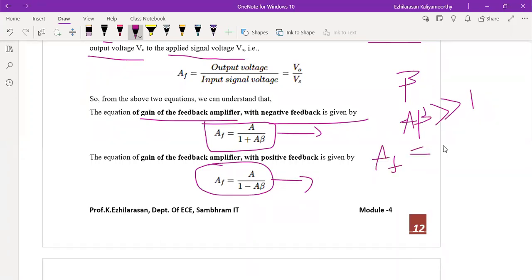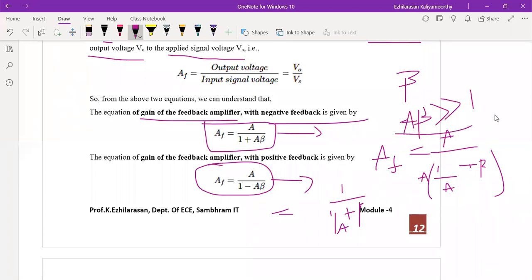AF is equal to A divided by, I'll take A common here. If I take A common, what will happen? 1 by A plus beta. Then this will become 1 by A plus beta. Consider A into beta is very, very greater than 1.